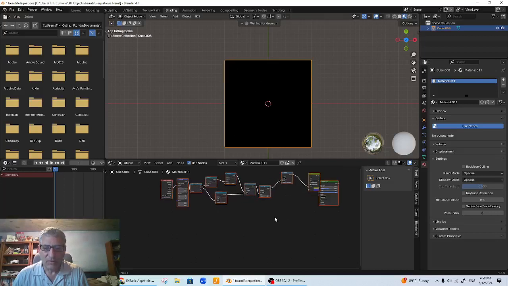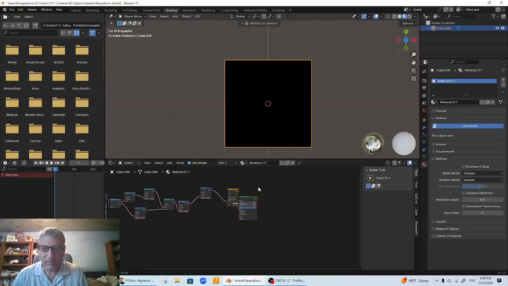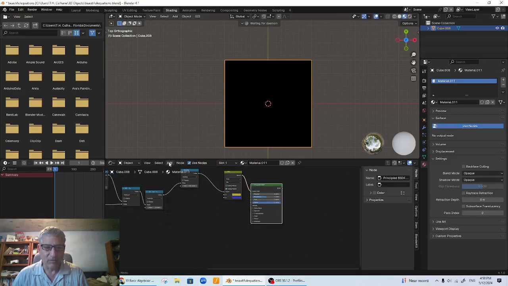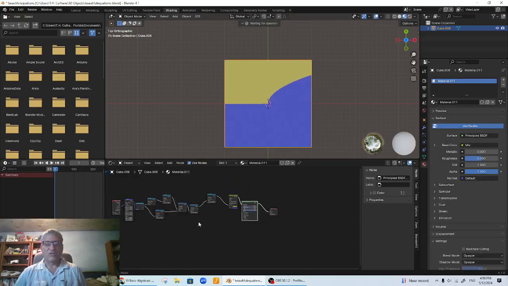And we lost our material output, so we need to add a material output because we don't have one. Okay, so that's where we were, but I have a new graph to do. Save this.